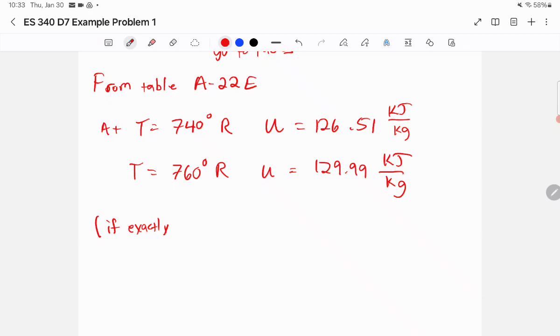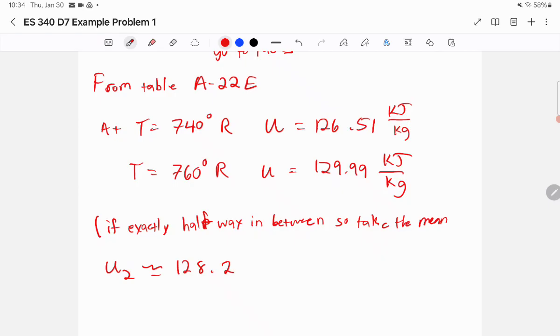This is going to be my shortcut. But just double check your work. So what we find then is U2 comes out to be approximately, my rounding might be off, 128.2 kilojoules per kilogram.